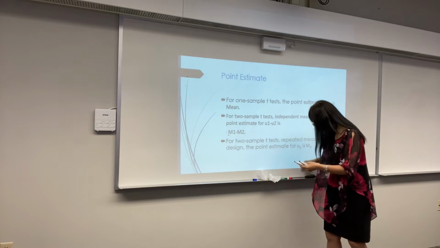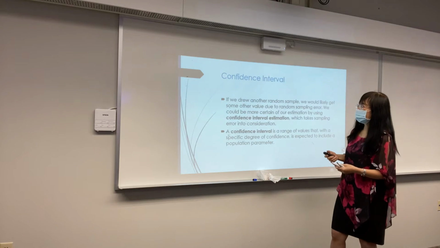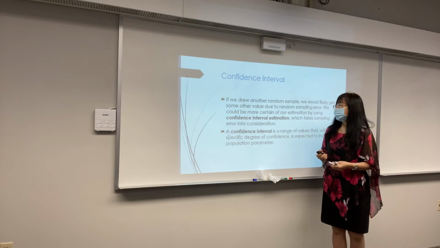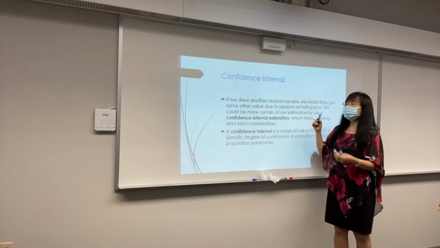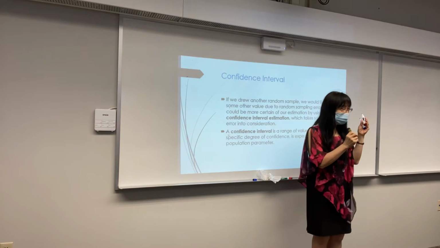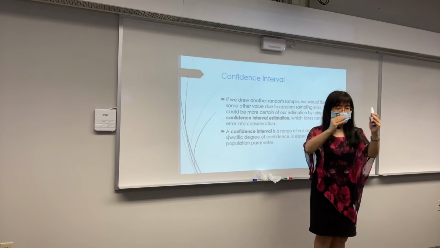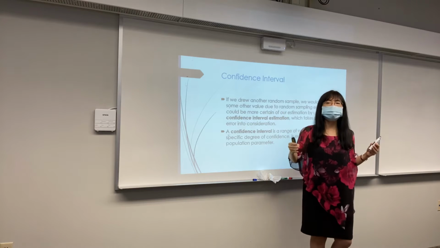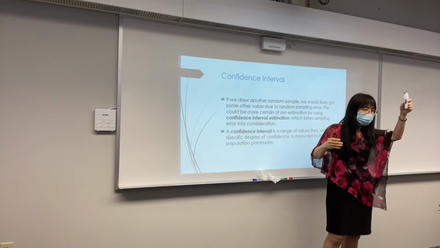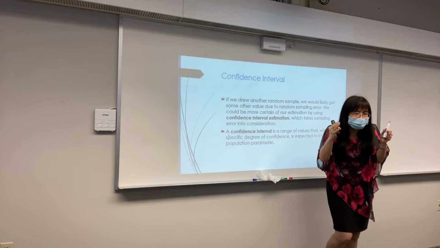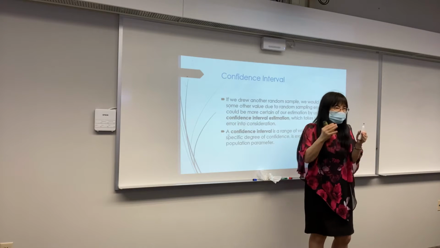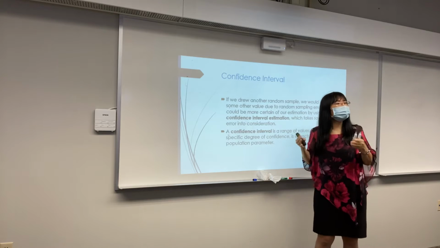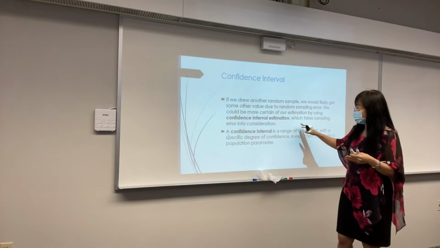Now, the second step is the confidence interval. Okay? Then you use that starting point, and now you have to see a range. Actually, if you pay attention, when we run our SPSS, they already give you the confidence interval. They already give it there. So now we just learn how to calculate it.